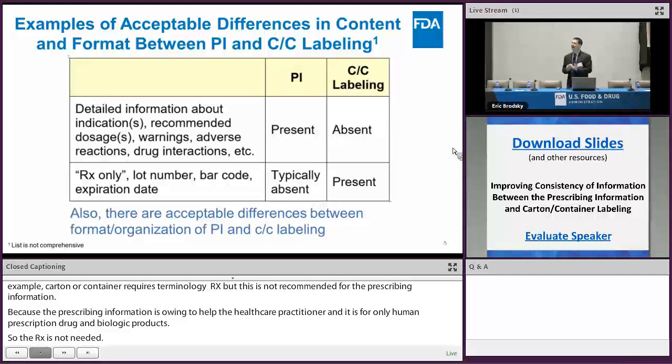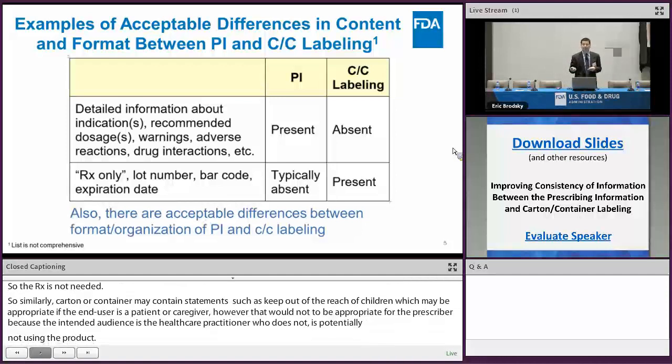However, that would not seem to be appropriate for the prescribing information, because the intended audience is the healthcare practitioner, who is not potentially using the product with children around, or using the prescribing information with children around. Additionally, as Alice stated, there are different requirements in terms of barcodes and expiration dates that appear on carton container labeling that do not appear on the prescribing information.